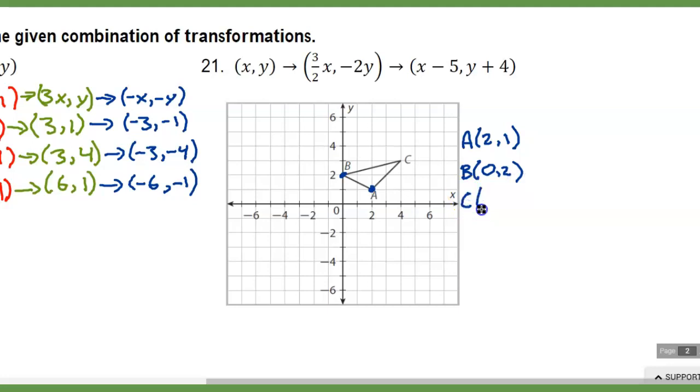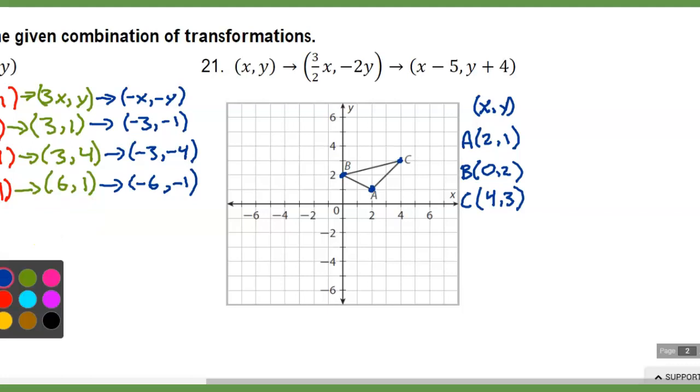And C is at 4 comma 3. So our first transformation from xy is going to be to 3 halves x and negative 2y.